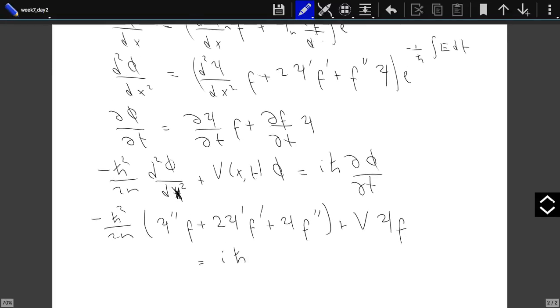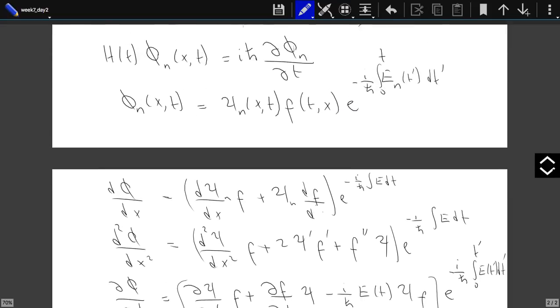And here we have one more term, minus i over ħ E(t) ψ f, times e to the power minus i over ħ, the integral of E(t') dt' from 0 to t. Now it is clear why I am looking for such a form.